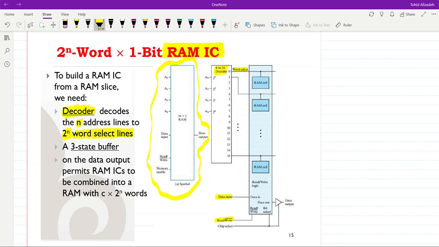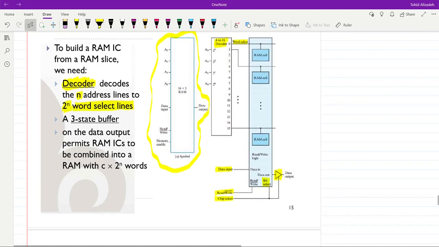Read write is also connected directly. Chip select is connected to the bit select input. And then on the data output side, we are using a 3-state buffer. This 3-state buffer is used in order to make us able to combine multiple of these 2 to the power of n word by 1 bit RAM ICs to each other. You will see later how we connect these pieces of RAM into each other in order to expand our memory.